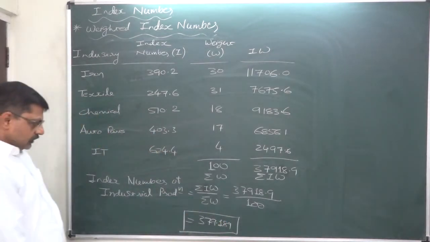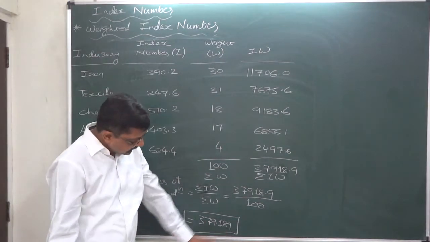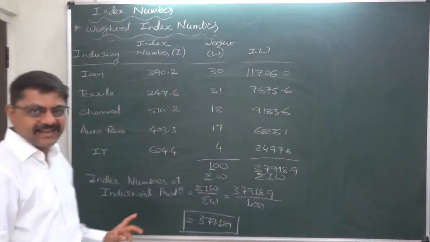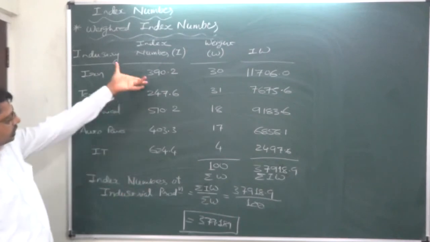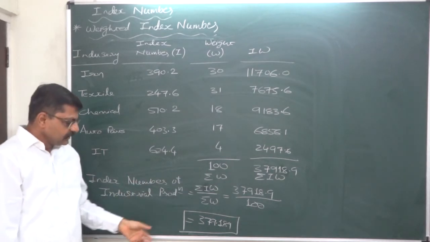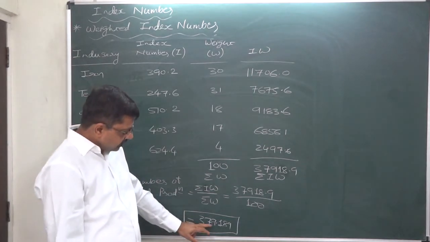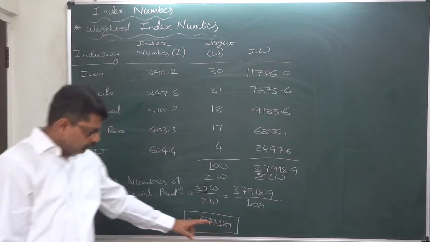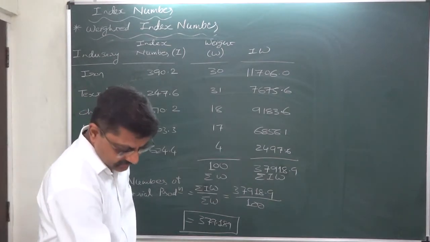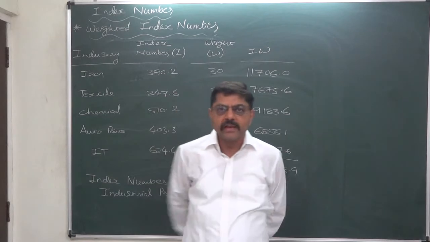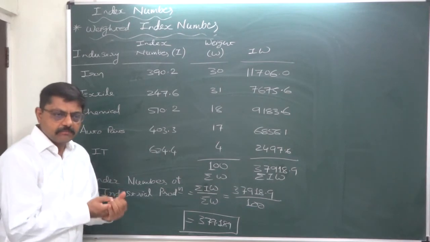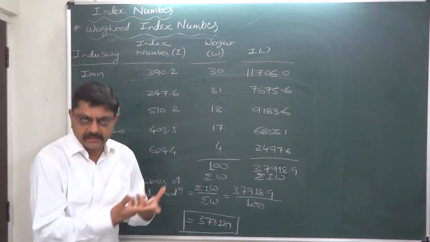So overall, the industrial output in the state is 379.19. If we take the overall industrial production in the state for the base year as 100, this is 379 for the current year. So the increase is 279.19%. So this was a very small case of calculating index number for industrial output, and in this way we can calculate index numbers for so many other kinds of data.